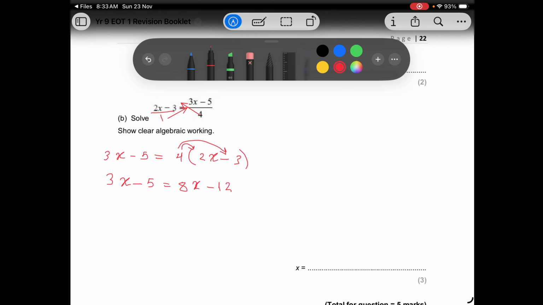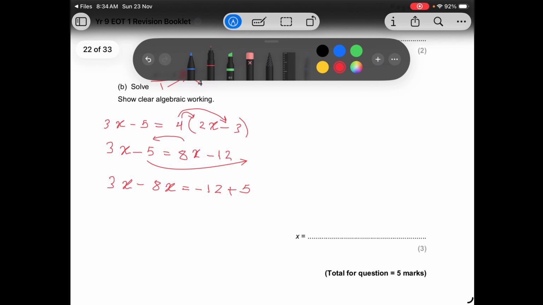Then I need all x's in one side, so you can simply move this here and you can move this 5 to the other side here. So here I have 3x on the left side minus 8x equals minus 12 plus what? Plus 5.